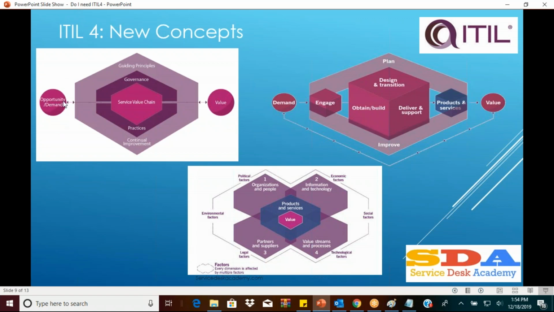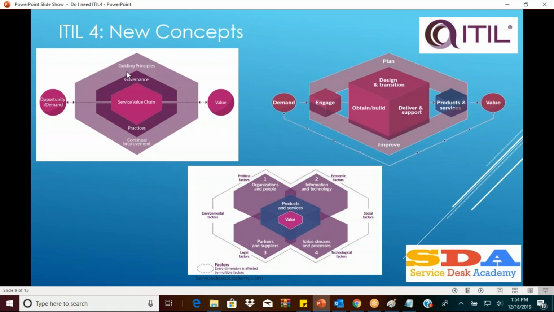Okay, opportunity or demand will be the input, and the middle one is the service value system, which has got different components, right? It has got guiding principles, governance, service value chain, practices, and continual improvement. So in comparison with your ITIL V2 and V3, there are no more silos, or any more traditional waterfall kind of approach.